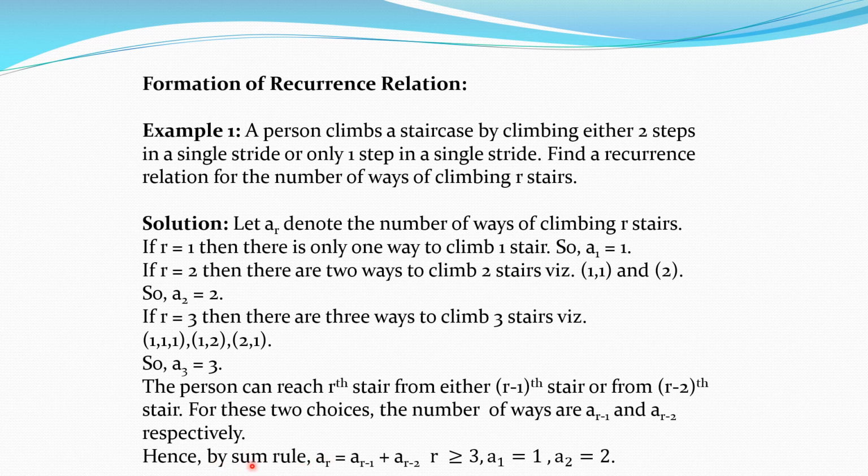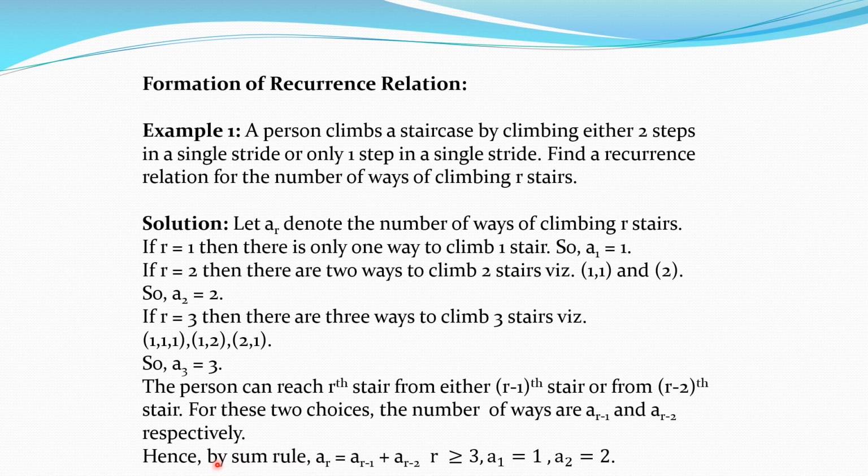Now here again the value of AR depends on the previous two terms. It means if the first and second terms are given, then from the third term onwards we can find all the terms in that sequence. So the condition on r is greater than or equal to 3.